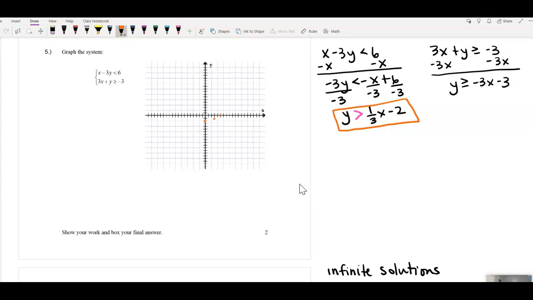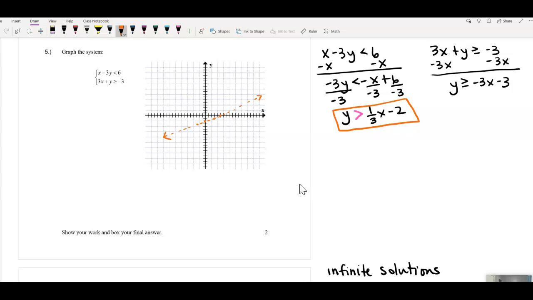Or I could go down 1 and left 3. And so this is where my line's going to be. It doesn't have the equal to part on this one, so that means it needs to be a dotted line. So make sure that you're really careful whether you're choosing dotted lines or solid lines on this.